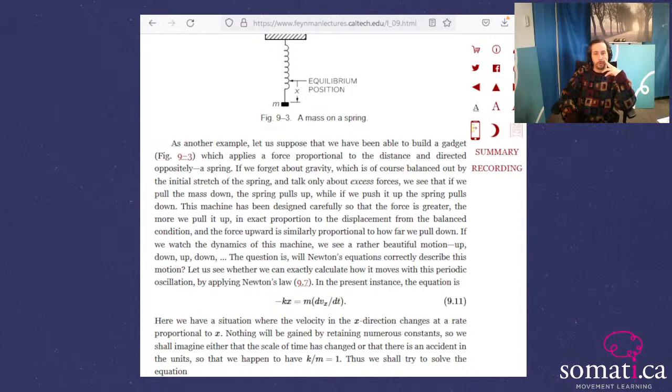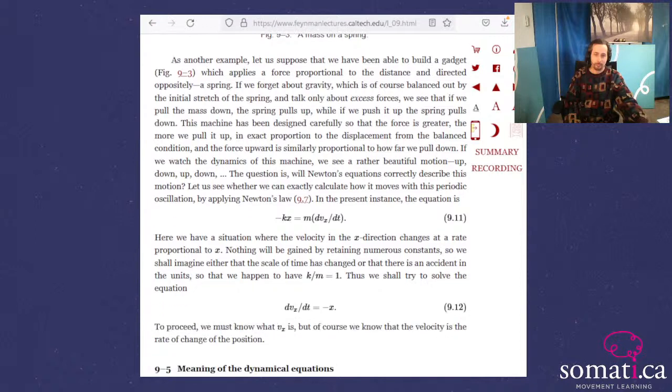So we have a Hooke's law spring where the force is going to be proportional to the displacement. There's some equilibrium position for the spring, and then when you move from it, you get a force proportional to this constant, and the force is opposite to the direction of the displacement.